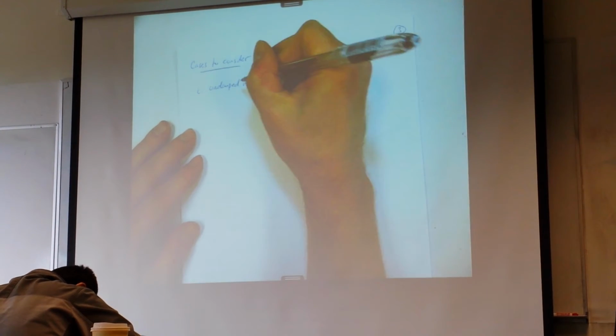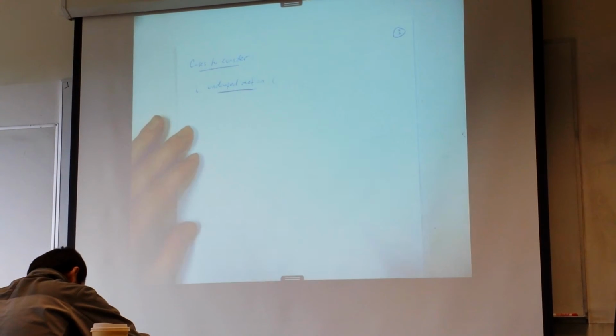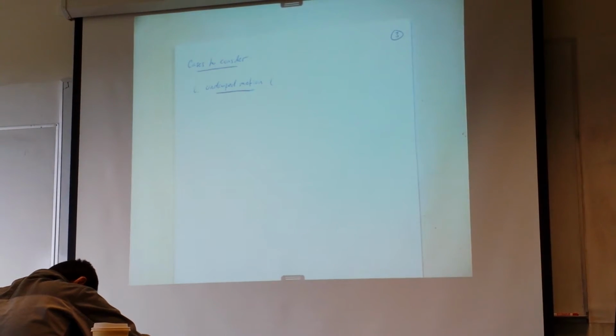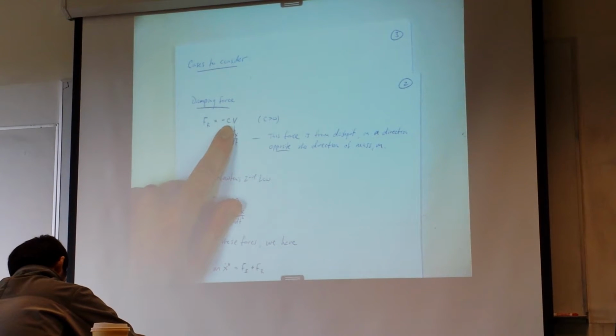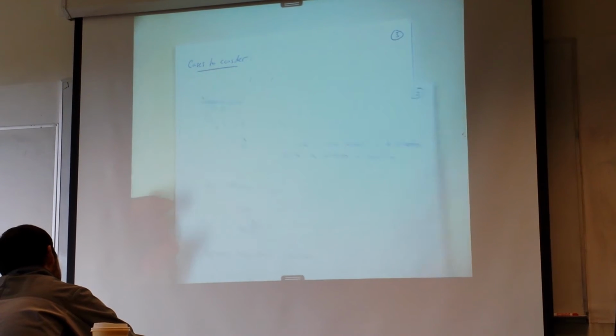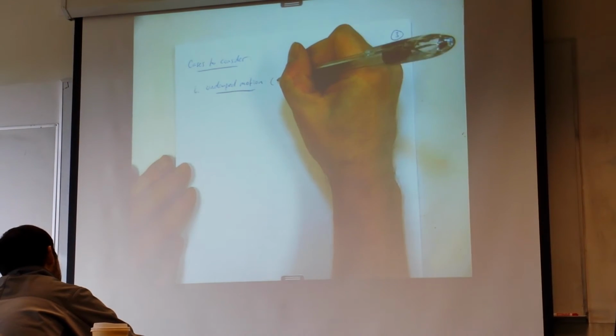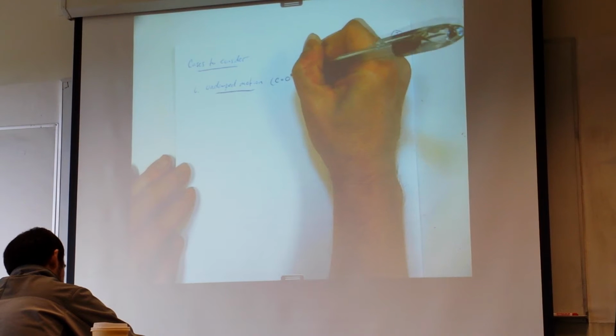Undamped motion is when there is no damping force. In other words, if there is no dash pot, if it's just a mass on a spring with no dash pot slowing it down. So undamped would be if c equals 0, that constant.